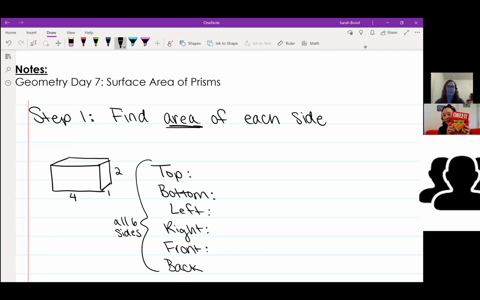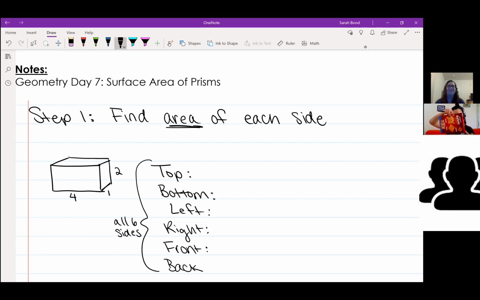So you have a box, Cheez-Its box, whatever box. You have top, bottom, left, right, front, back. If I rotate it this way, it'll have different top, bottom, but it still has 6 sides. So whatever orientation you have your box, you're always going to have 6 sides. So on my shape, my Cheez-Its box looks kind of like this.